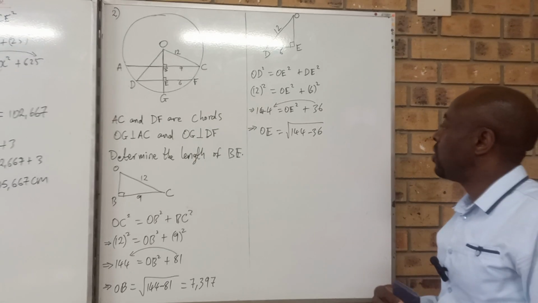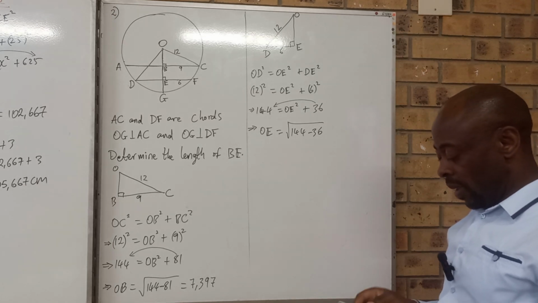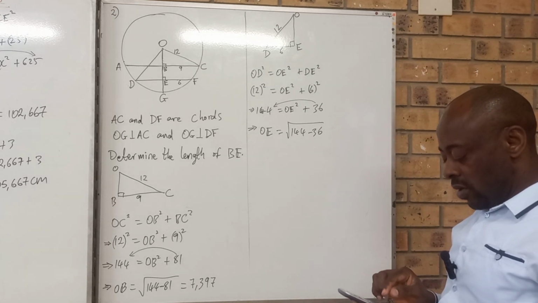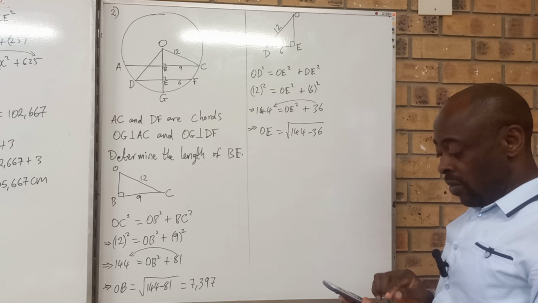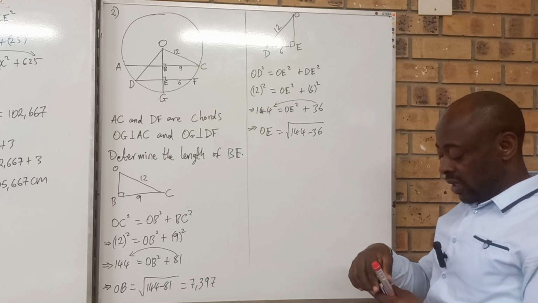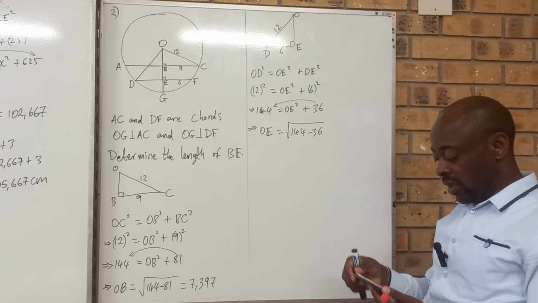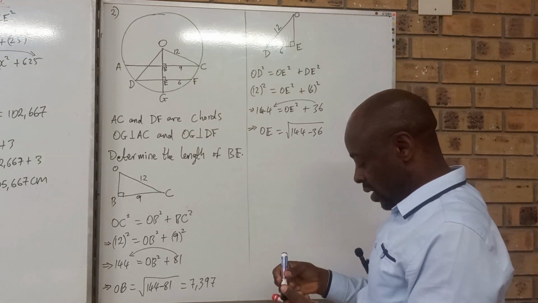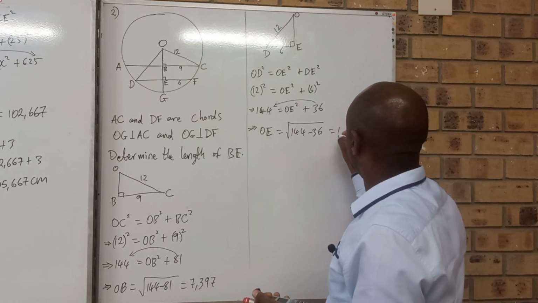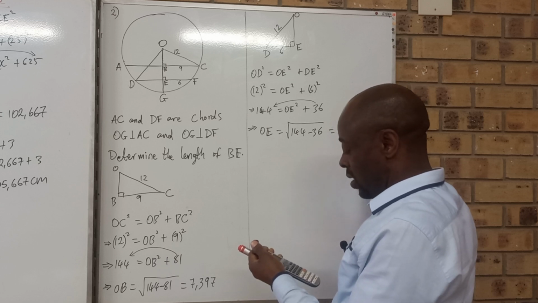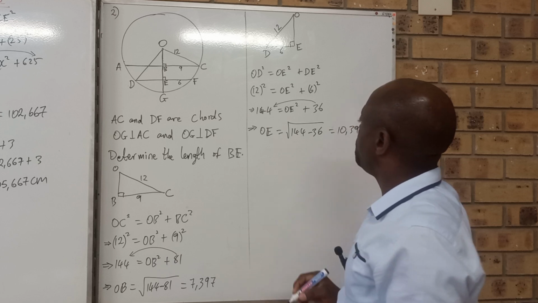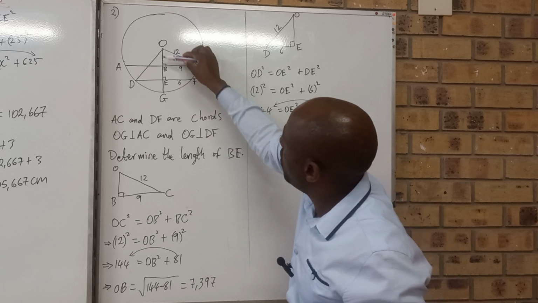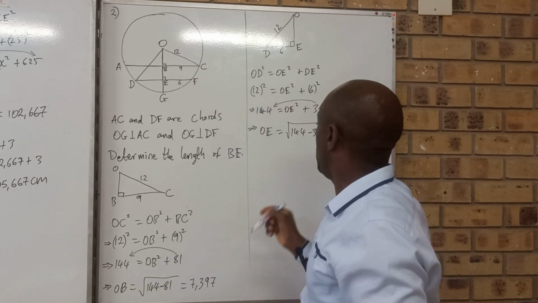Then you take the square root. So we're looking for the square root of 144 minus 36. That gives me 6 root 3, which in decimals is 10.392. So we have succeeded to get OE, we have succeeded to get OB.